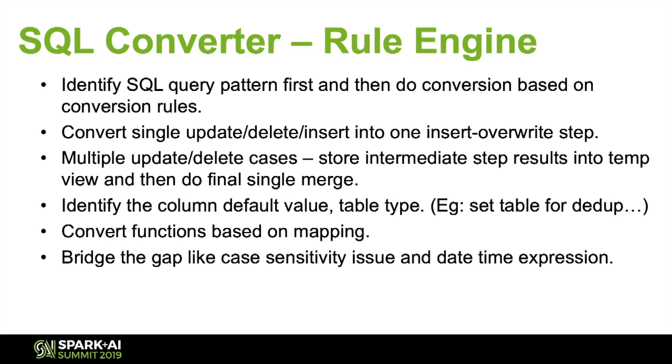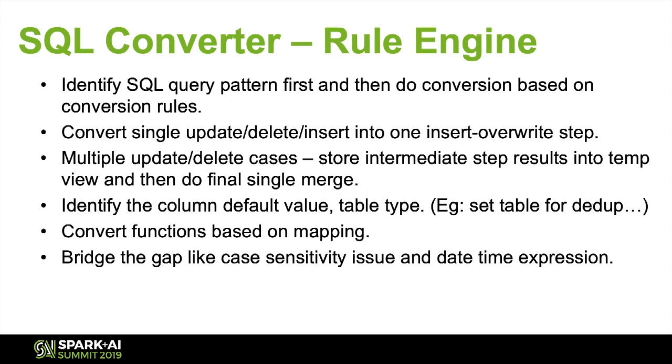The rule engine. The rule engine is a rule-based processing. It will identify the SQL query pattern first, and then do conversion based on conversion rules. For example, the single update and insert case would be converted to a full join, as we said before. For the multiple update and delete case, it will store intermediate step results into a temp view and then do a final single merge.